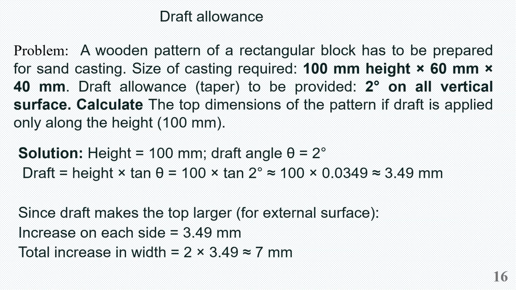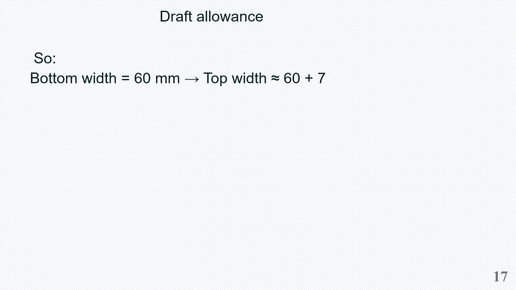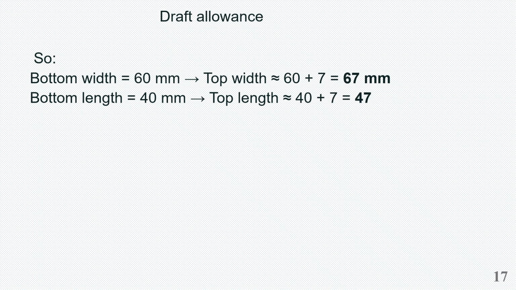So the total increase in width is twice this value, that is 7 mm. Now you can find the final dimensions. The bottom width is 60 mm, whereas the top width is 60 plus 7, 67 mm. And for the other dimension, 40 mm is the bottom and the top length is 40 plus 7, 47 mm. So the top side is 67 by 47, the bottom side is 60 by 40.